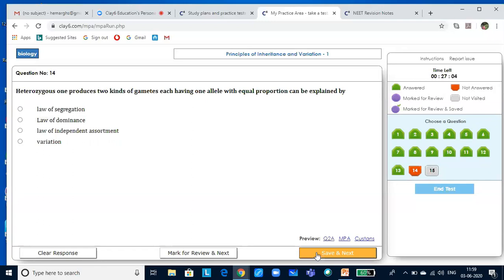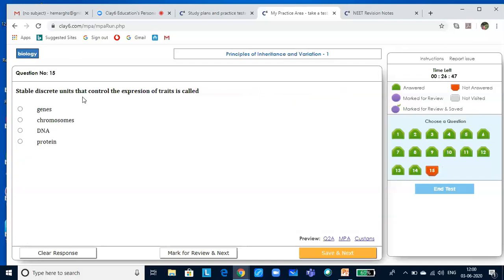Phenotypic proportion of 3 is to 1 is explained by the law of dominance. I'm sorry, so this is going to be the law of segregation. Stable discrete units that control the expression of traits are called genes.